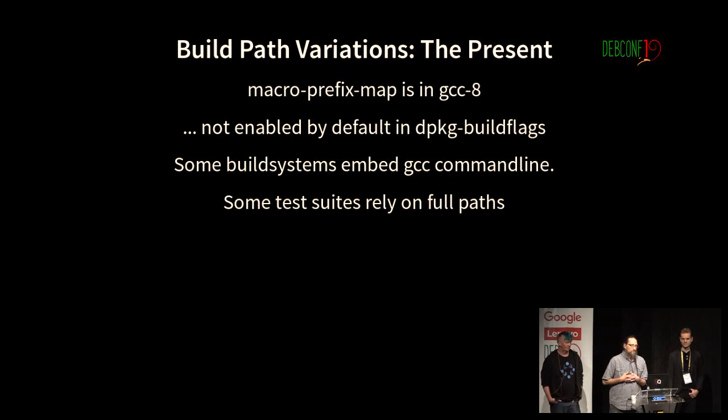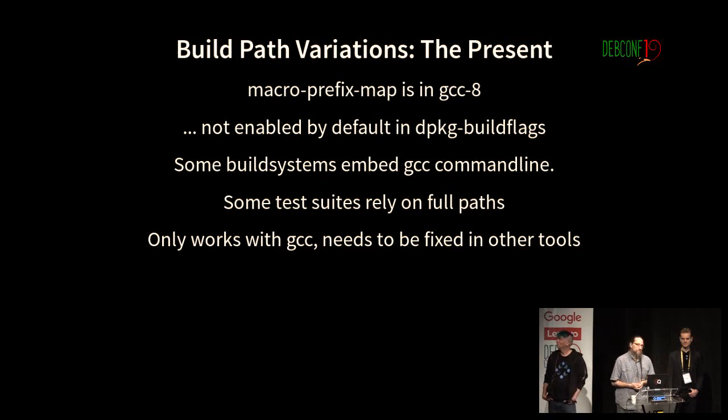Some test suites rely on the full paths, notably some of the things in the Qt toolchain. So we can't just enable that archive-wide without potentially breaking a number of things, though we have enabled it on our test infrastructure. So we have a rough idea of how many things it actually does break.